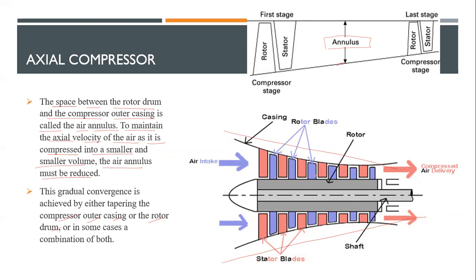We're trying to at least make the airflow pass. Overall, this makes a convergent duct in this shape, whereas individual sections are making divergent ducts. So it's a combination of both the divergent and the convergent. You can see in the above diagram also, there is a convergence.